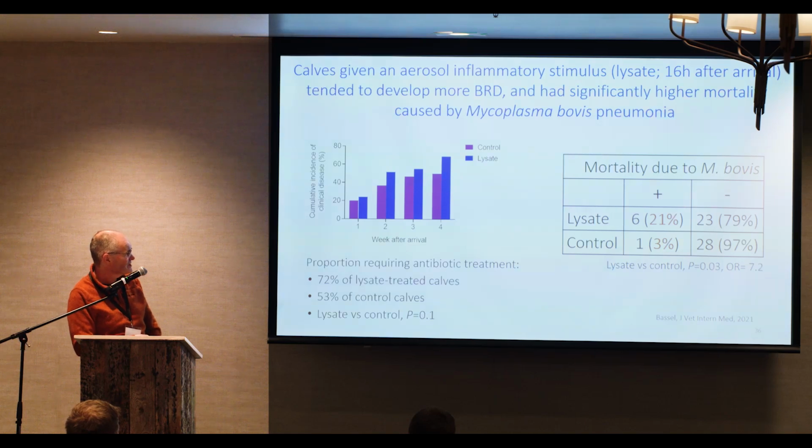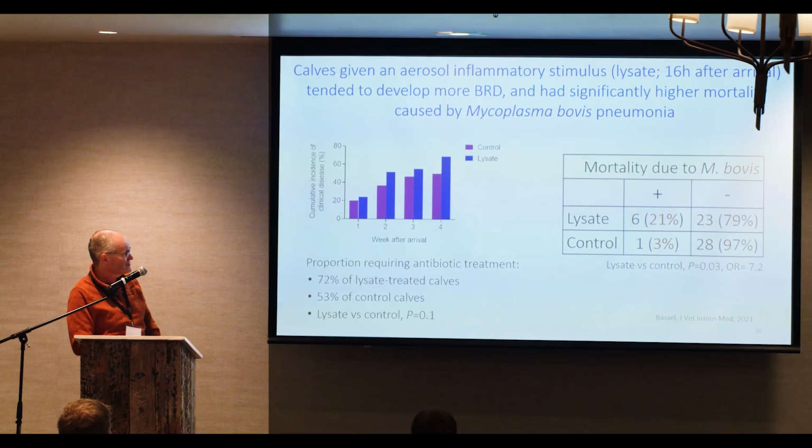And the quite surprising finding was that the mortality rate in this group that received the inflammatory stimulus was disturbing, I would say, as the researcher doing this work. And again, that was the opposite of what we anticipated, and the mortality of these calves was the result of Mycoplasma bovis pneumonia.